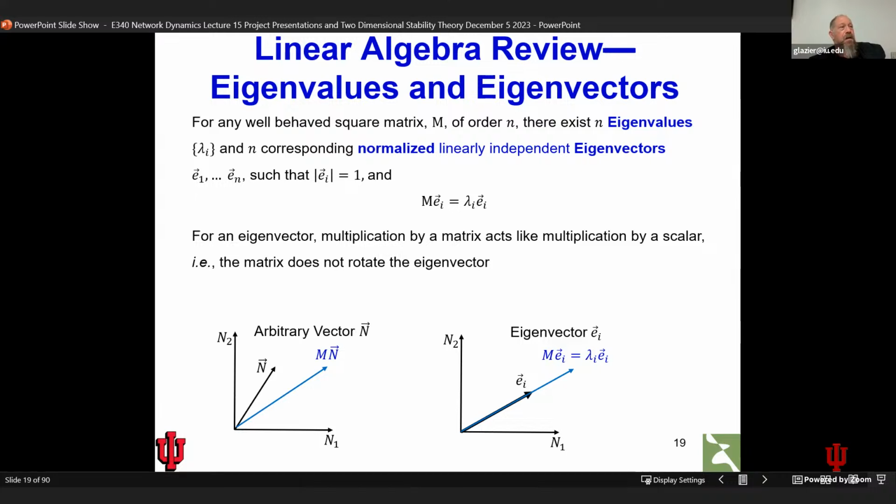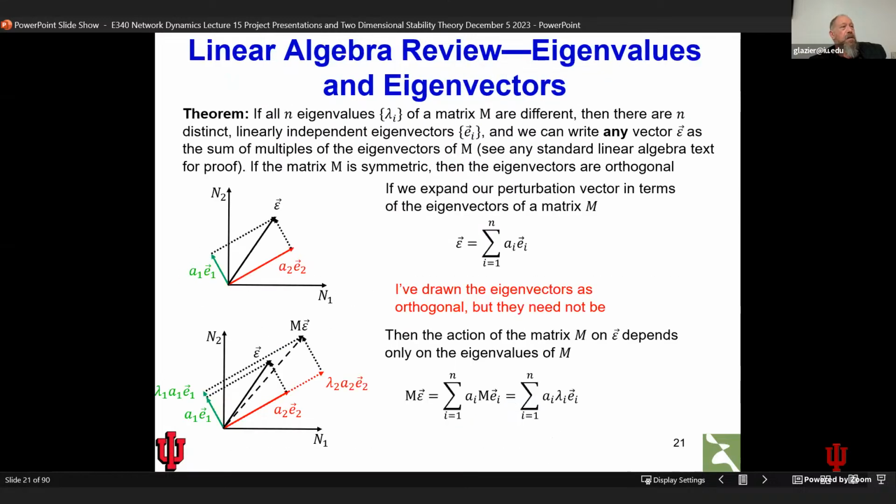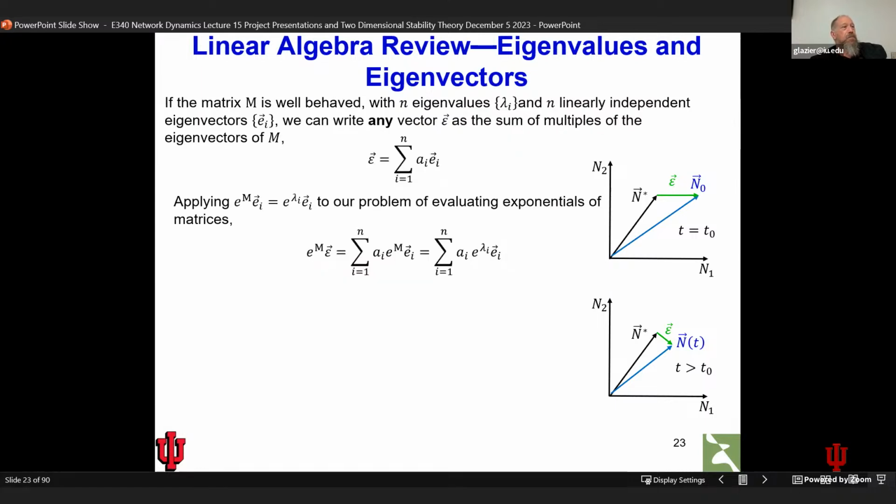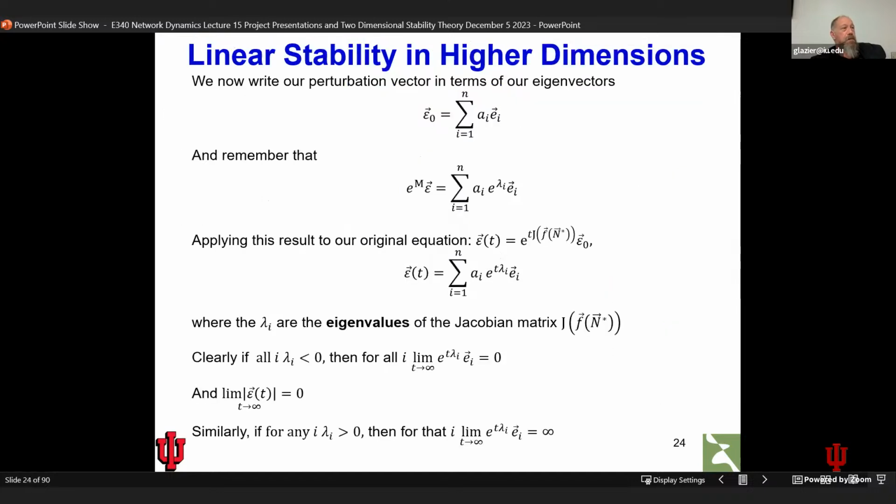And so if I analyze my initial perturbation in terms of the eigenvectors, then in each eigenvector direction, the length changes proportional to the eigenvalue, and I can then calculate my new vector. And if you've done linear algebra, you've done this many times, but the result is fundamentally that you can now calculate exactly what happens when you apply your operator to your initial displacement, for an arbitrary displacement.